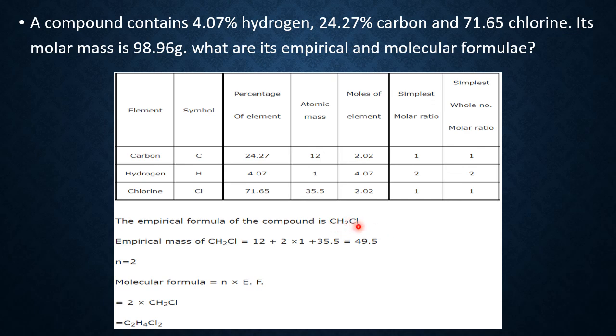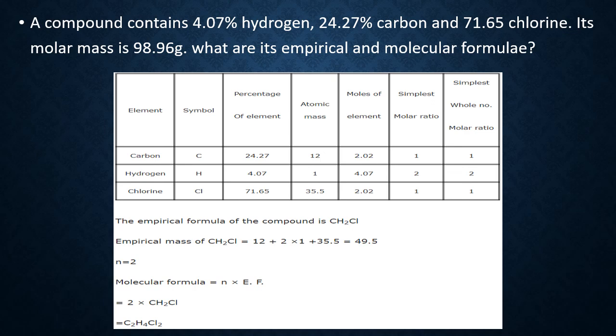Now the molecular formula becomes C2H4Cl2. In this way, using the percentage composition, we have calculated the empirical formula as well as the molecular formula. For this, we should know the molar mass and atomic masses. Atomic masses are from the table, and molar mass will be given in the question itself.